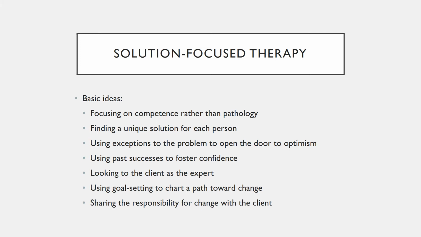So knowing that there's not a prescribed, this is what works best, this is what you should do or need to do, but really working with the individual and figuring out what's best for them. Using exceptions to the problem to open the door to optimism, so helping them to think about times when the problem isn't as strong or isn't occurring, and so that can open up this door to say, okay, there is a way out of this.